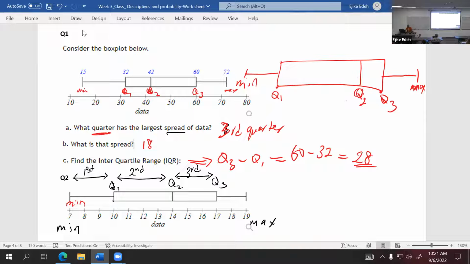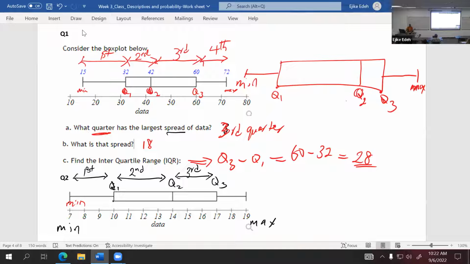From the minimum to Q1 is the first quarter. From Q1 to Q2 is the second quarter. From Q2 to Q3 is the third quarter. And from Q3 to the maximum is the fourth quarter.